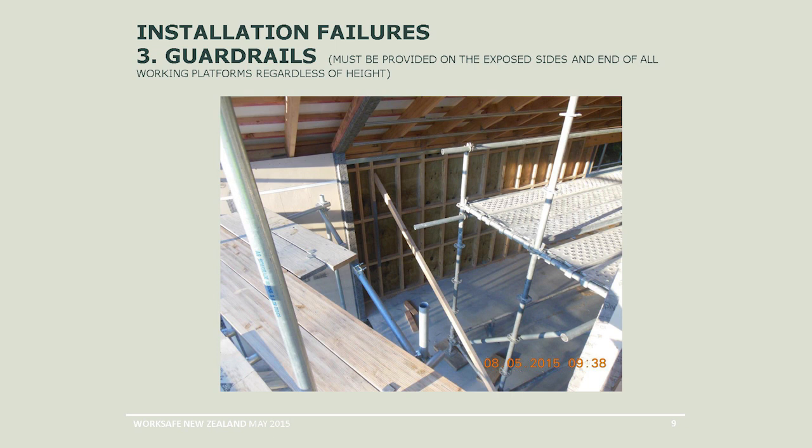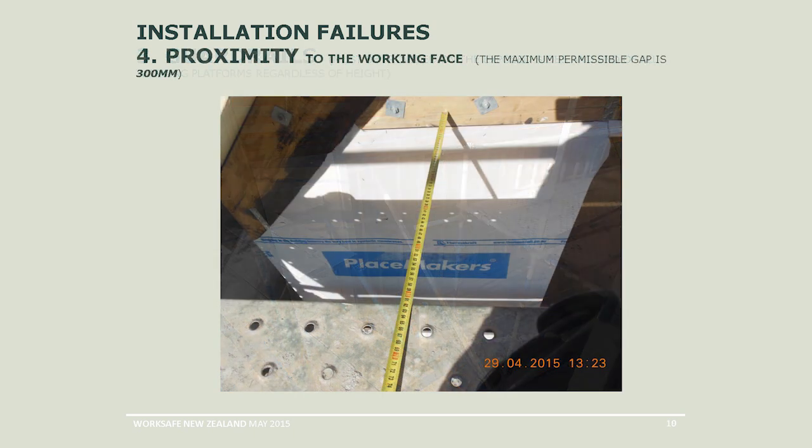There's no comment here. It's just two platforms not joined, and there's a huge gap. Proximity to the work face, we all know that it's 300. The scaffolding standard, which pretty much outlines all equipment, says 225. In New Zealand, we have 300.